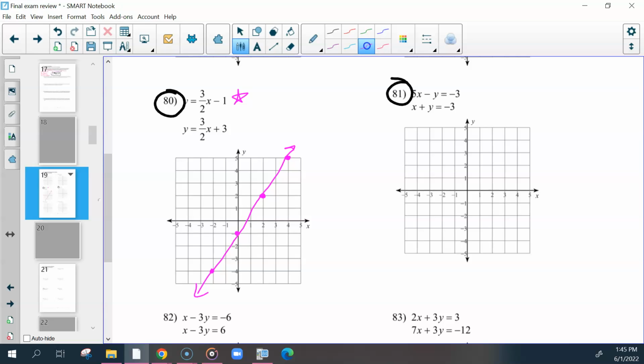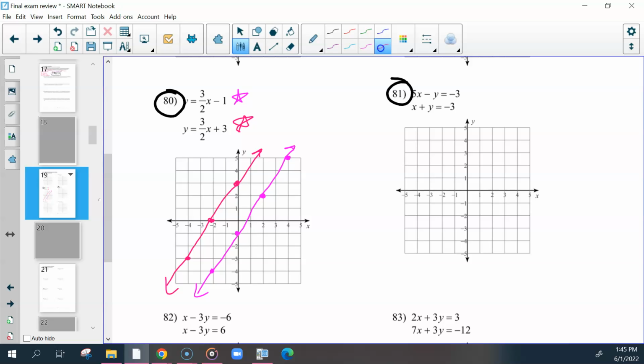And then I'm going to do the same thing to the other line. Start at +3. Go up 3 to the right 2, or down 3 to the left 2 as many times as possible. And connect those points. If your lines never intersect, they have the same slope, which means they are parallel.